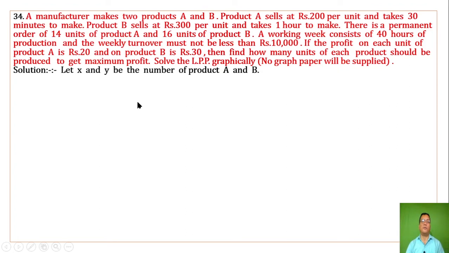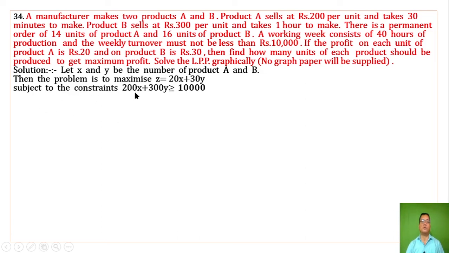Let x and y be the number of product A and B. Then the problem is to maximize z equal to 20x plus 30y, subject to the constraints: 200x plus 300y must be greater than or equal to 10,000.